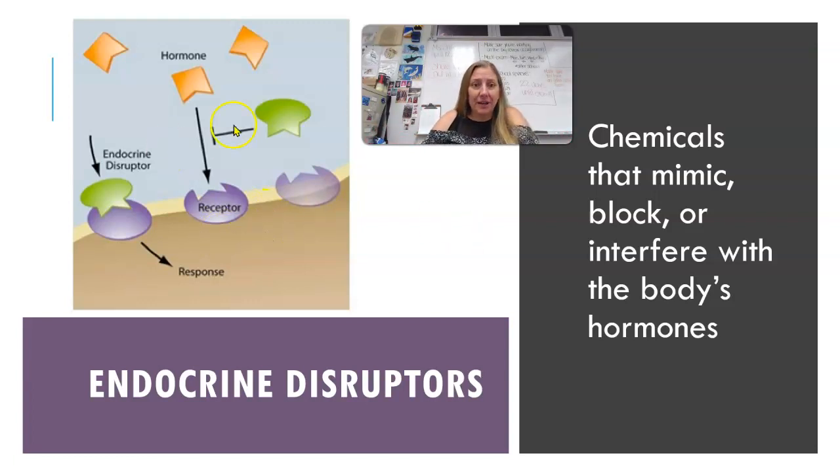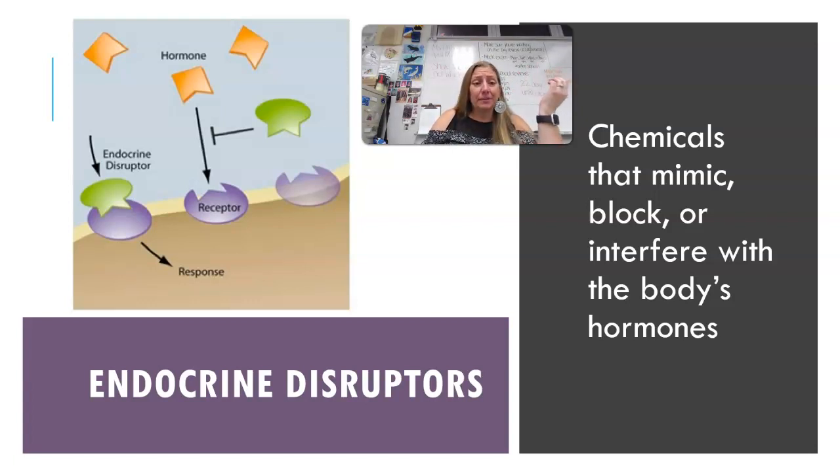If you look over on this diagram on the left here, you've got your hormones in orange, endocrine disruptors in this greenish color, and then the different receptors, which you find in every single cell, in purple.